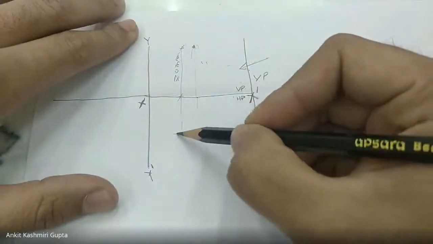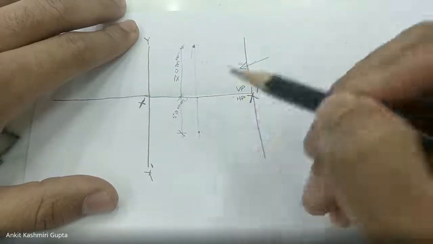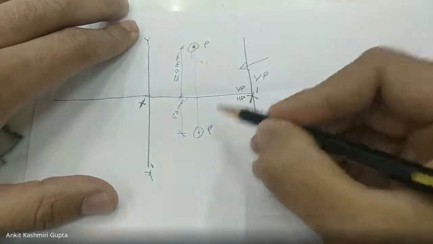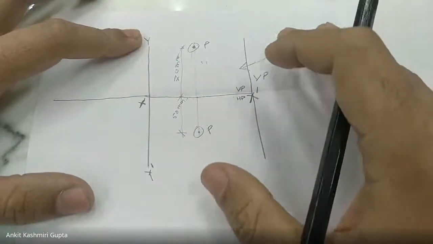So I mark here and write 50. This is my point P. That is the first question, but the question does not complete here.